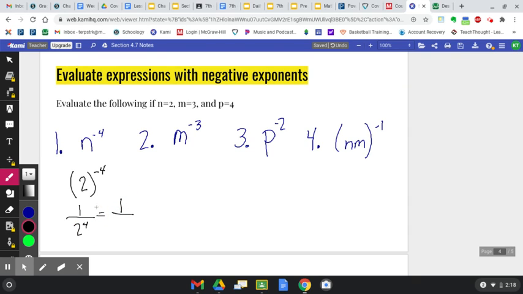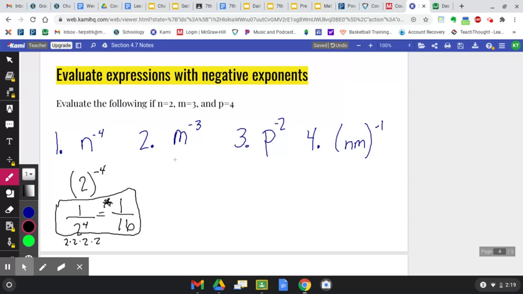So that would be 1 on top, 2 to the fourth would be 2 times 2 times 2 times 2, which is 16. Either of those are correct. You'll most likely see it written in fraction form on an answer key.